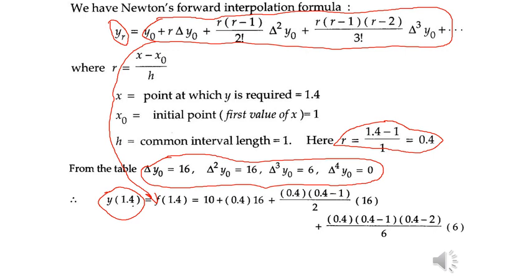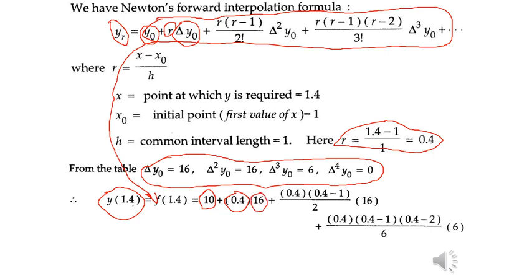In the place of y naught, what is the value of y naught? From the given data, it is clearly seen, it is 10. In the place of r, put 0.4. In the place of delta y naught, put 16.